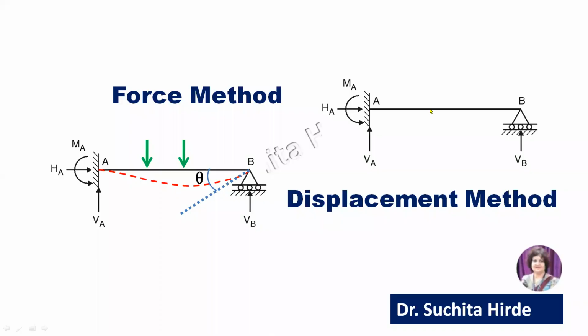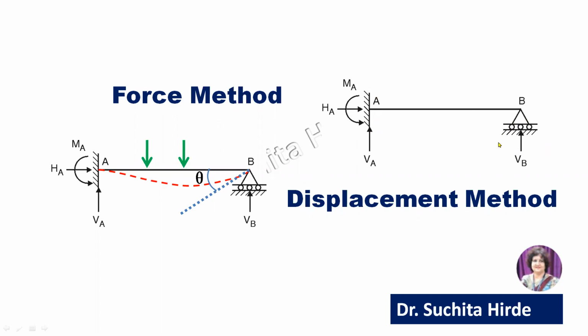For example, we are considering this propped cantilever. In force method, you know that the degree of static indeterminacy of this structure is equal to 1. So if the degree of static indeterminacy is equal to 1, we have to consider any one reaction as a redundant reaction. So we have a choice.